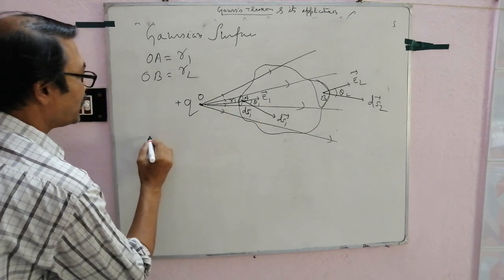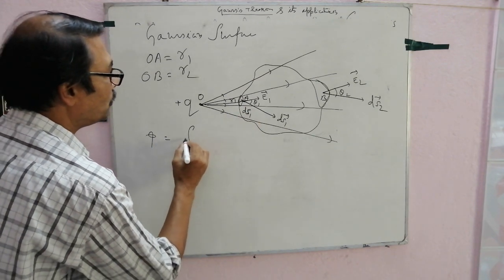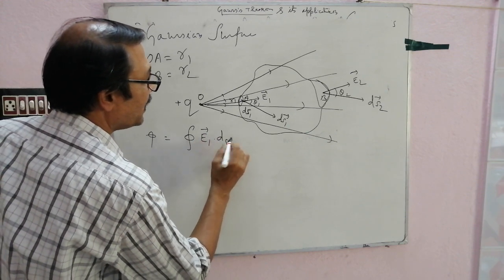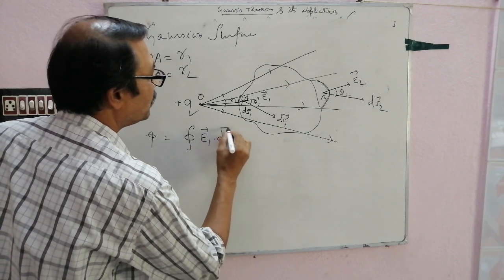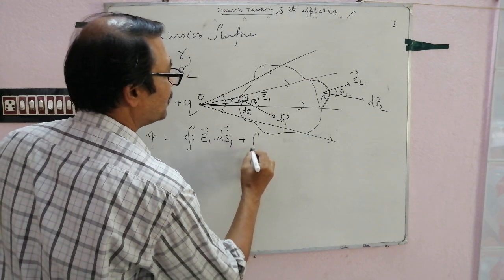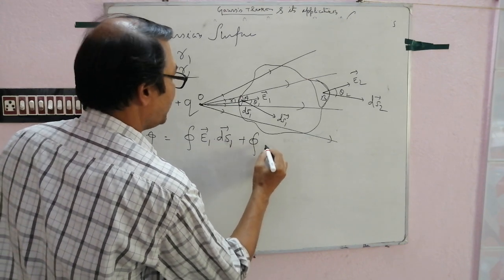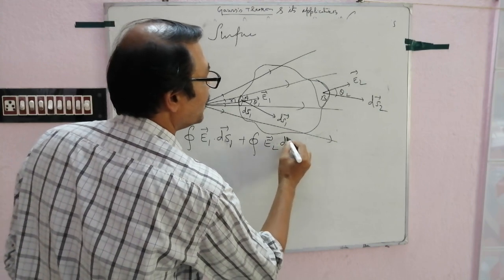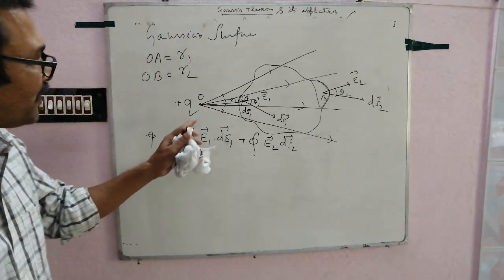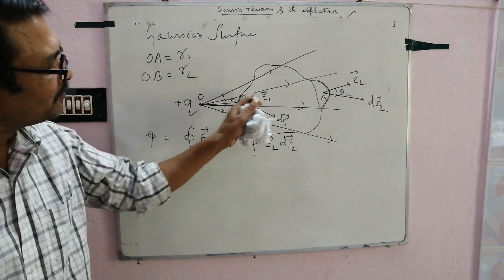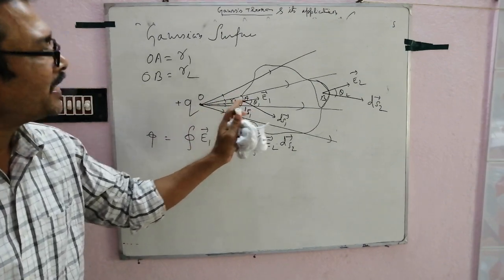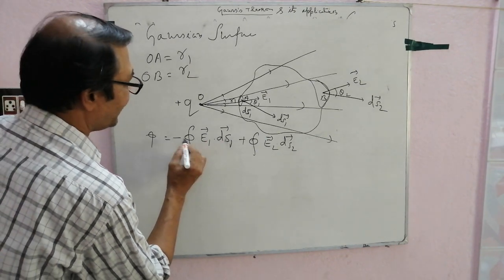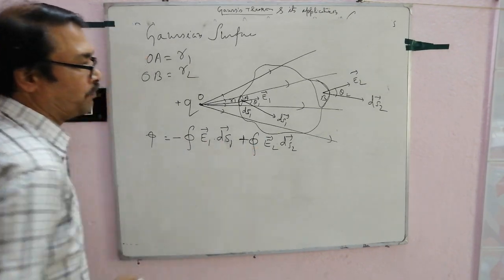For ds1 and ds2, total flux phi equals integration of E1 dot ds1 plus integration of E2 dot ds2. Now follow, at first I mentioned this flux is inward so negative, and this flux is outward so positive. So this flux is negative and this flux is positive. Clear?